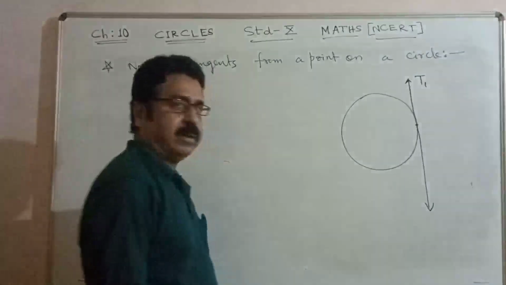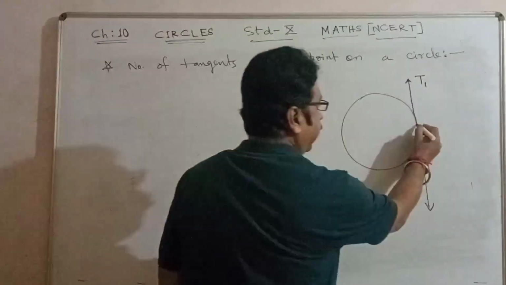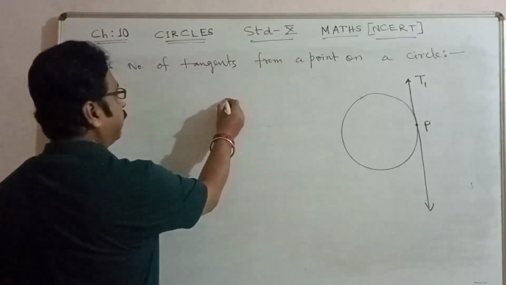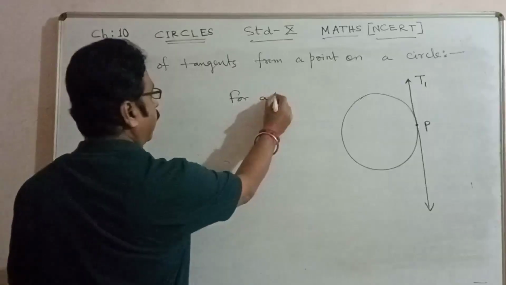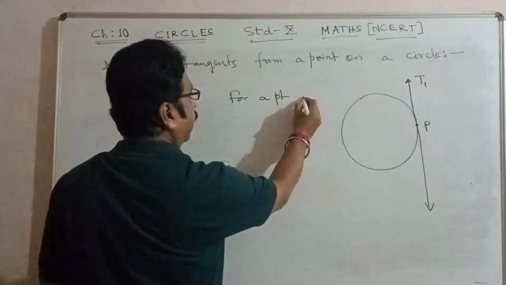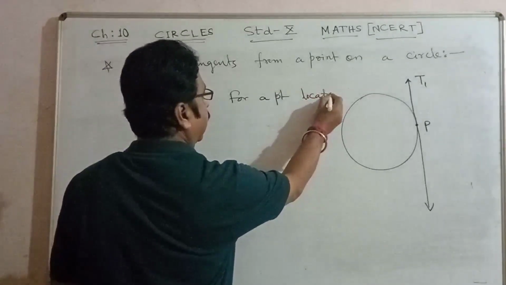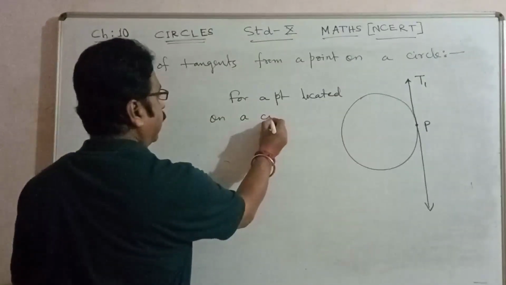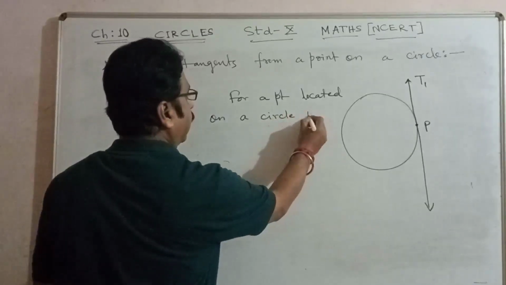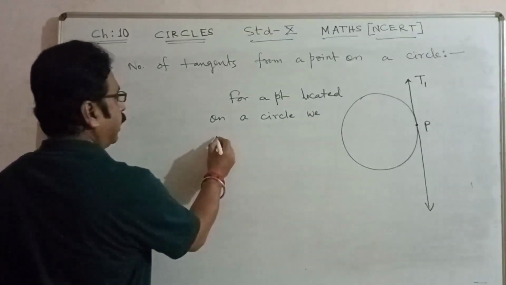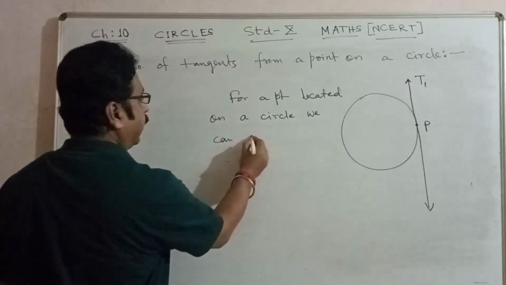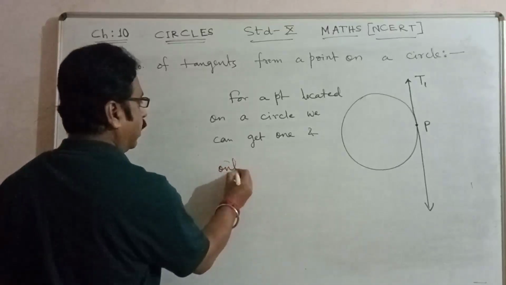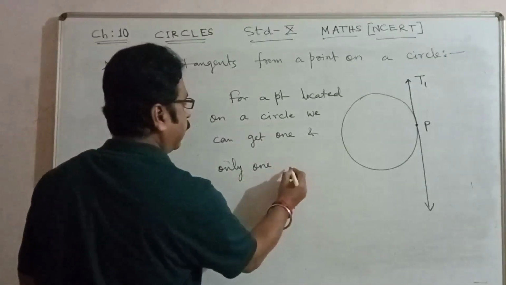Suppose T1 is a tangent, and we will get one and only one tangent for a point located on a circle. We can get one and only one tangent.